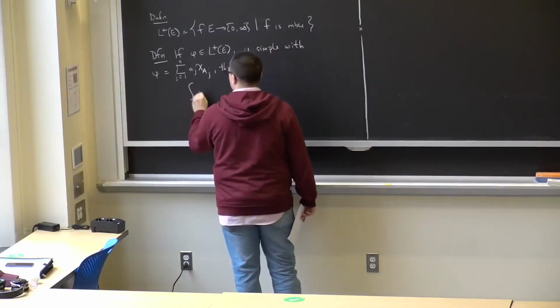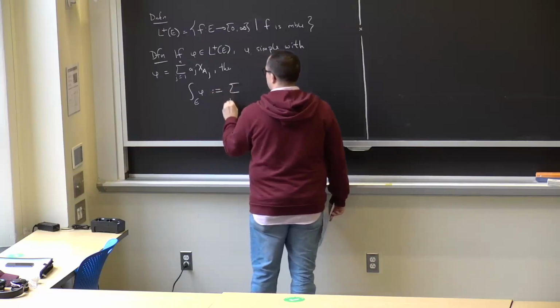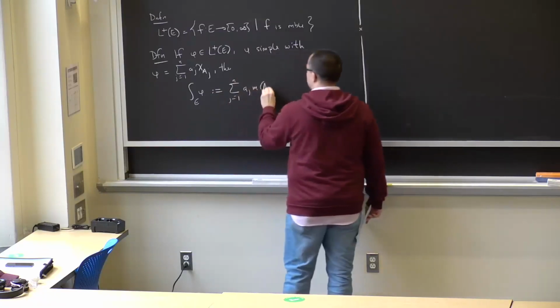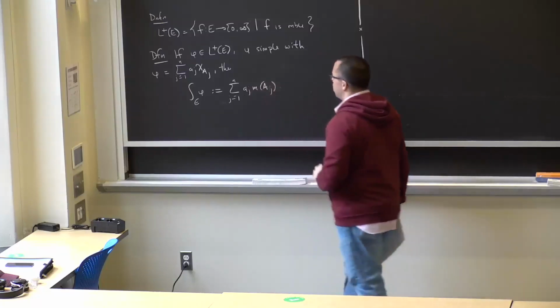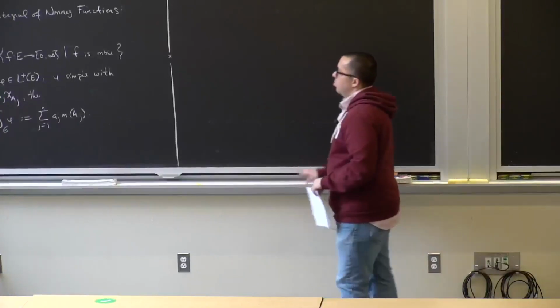The integral of phi was defined to be the sum as j goes from 1 to n of a_j times the measure of capital A_j.